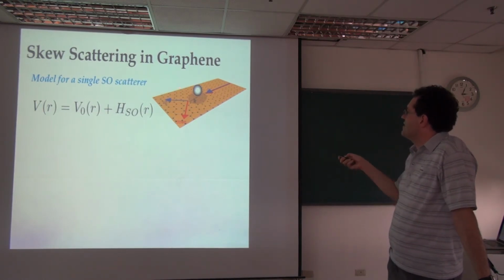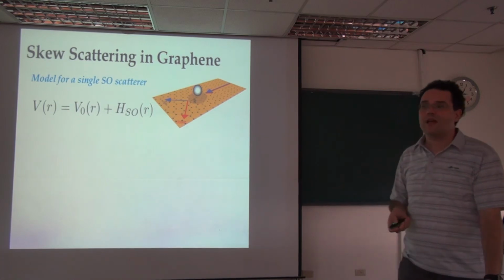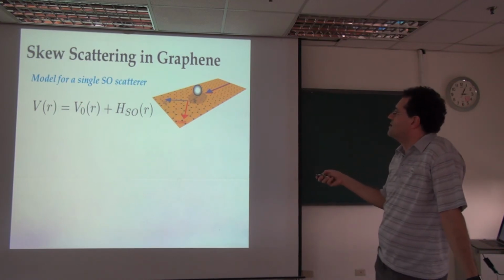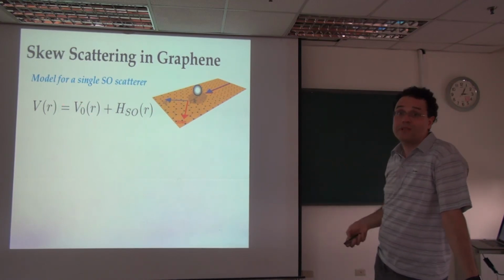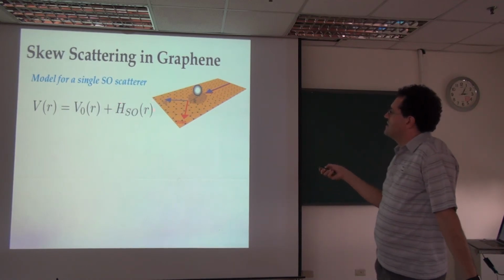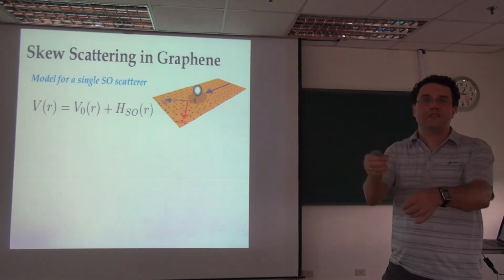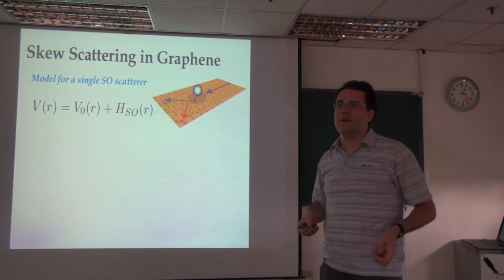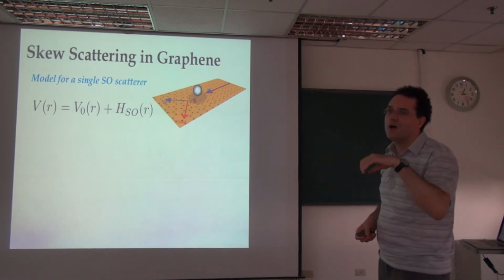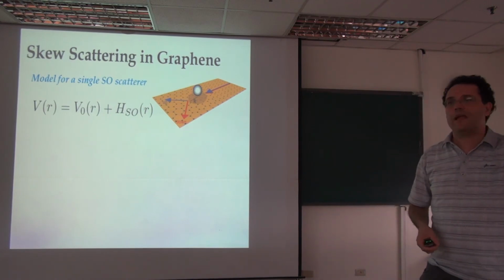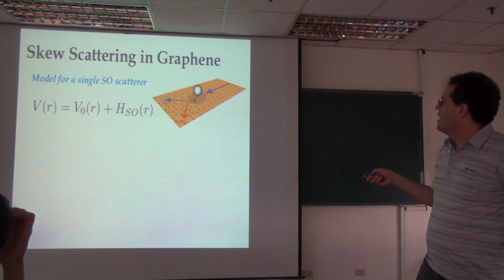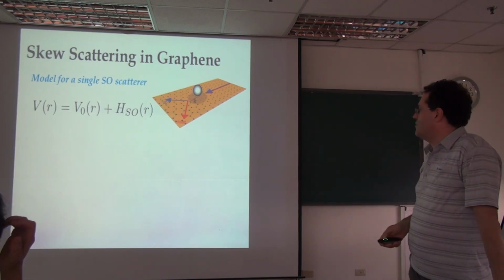And we can imagine that these clusters can be described in a continuum limit description by a certain potential which contains two parts. One is a scalar potential that we add to this two-dimensional Dirac equation, and another part describes the spin-orbit coupling induced by these atoms in the cluster, right? Like the one induced by hydrogen, which distorts locally the lattice of graphene, or the one that might come from depositing heavy atoms like gold, which also induce spin-orbit coupling.